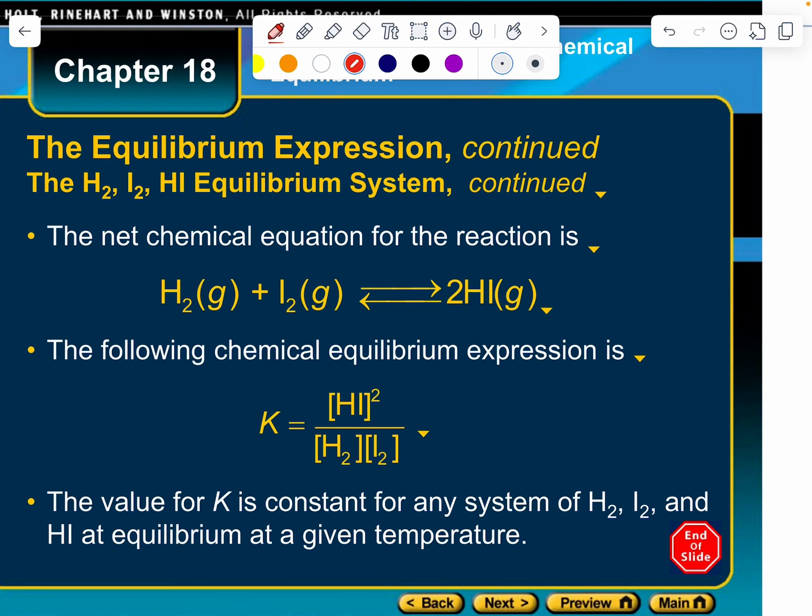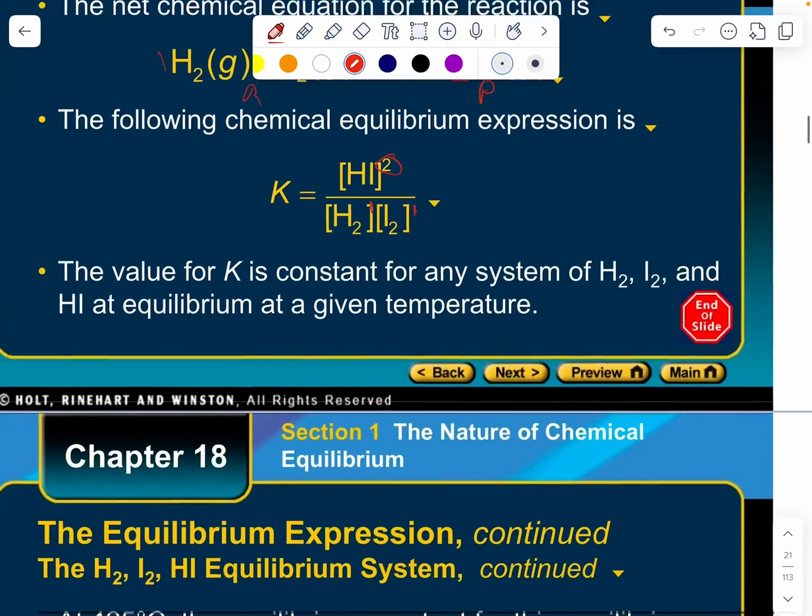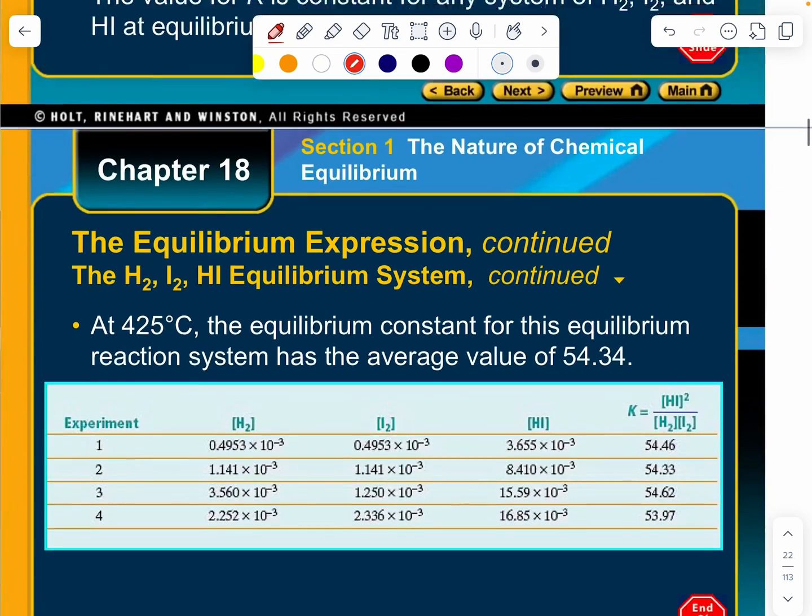Okay, this is the net chemical change equation for this reaction. And if we want to write K, here is the product and here is the reactant. As you see, HI to the power of 2. Why? Because we have the 2 here as a coefficient of hydrogen iodide. Here we have 1, here we have 1. This is the value of K for this reaction.